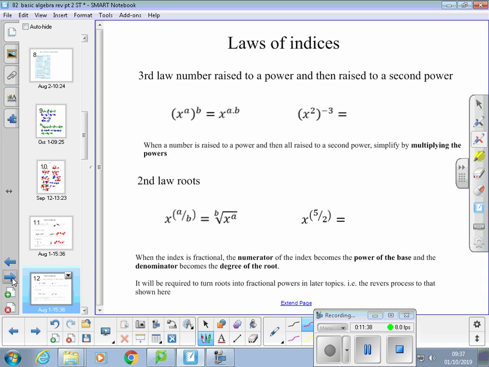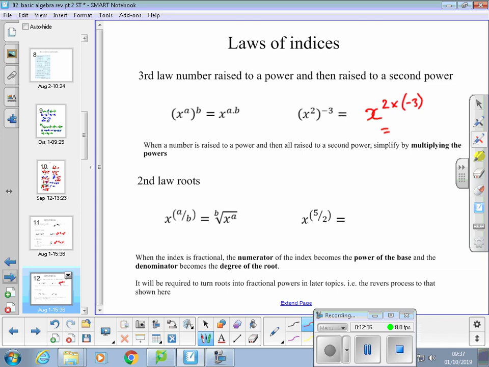Numbers raised to a power and then all of that is raised to another power. So if we've got x to the a in brackets, and then that bracketed term is raised to the power of b, the result of that is x to the a times b. So in this example here, it is x to the power of 2 times minus 3.